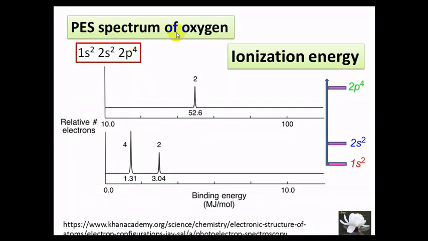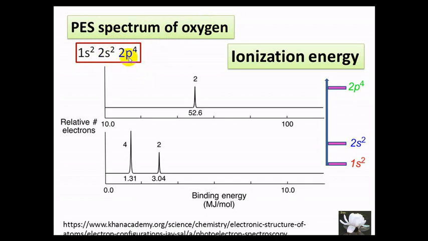In this other example, the electronic configuration of oxygen is 2 core electrons in the 1s orbital and 6 valence electrons in the 2s and 2p orbitals.